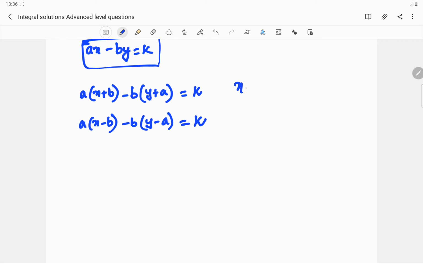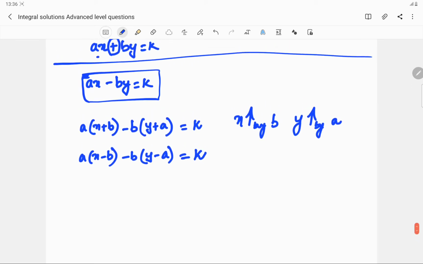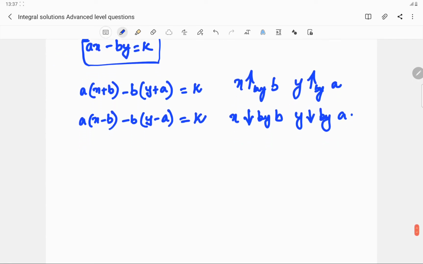That means if x increases by b, y also increases by a. In the earlier equation of the form ax plus by equals k, if x increases by b, we found that y would decrease by a. But here we find that if x increases by b, y is increasing by a. Similarly, here x decreases by b, y also decreases by a. Now these are the key points.